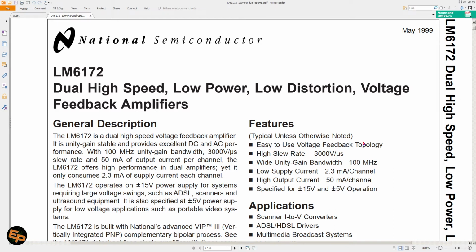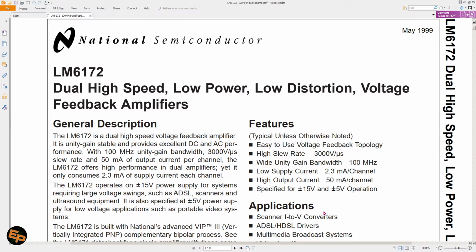The slew rate, for those who don't know, is the ability of an operational amplifier to change its output voltage. It's basically a measure of how fast the output of an operational amplifier can change. This is why we have the measurement unit volts per second, or multiples and submultiples of that. In this case, volts per microsecond.